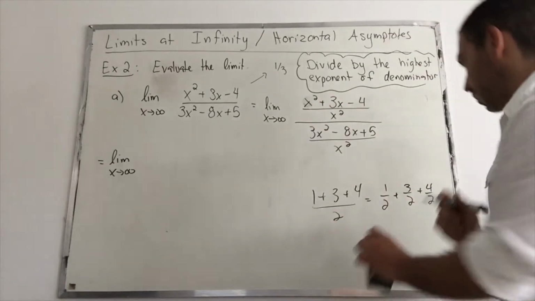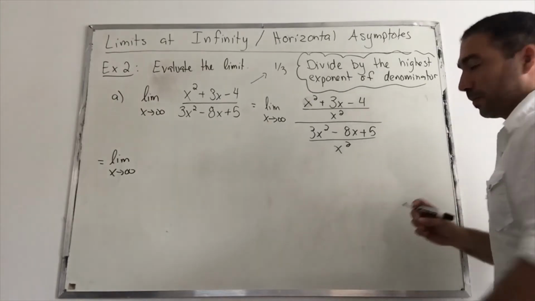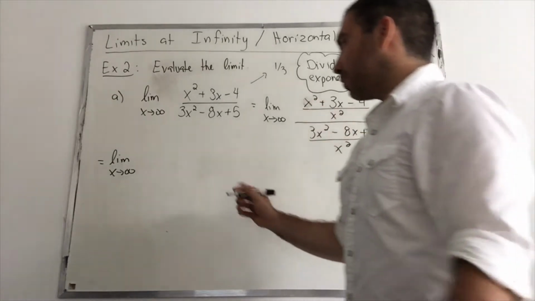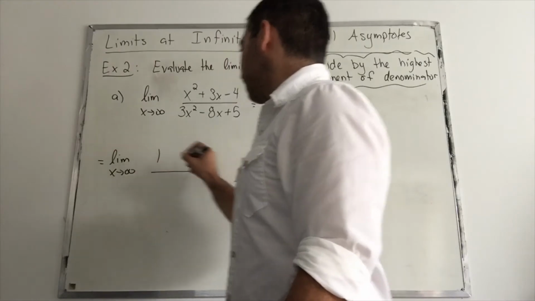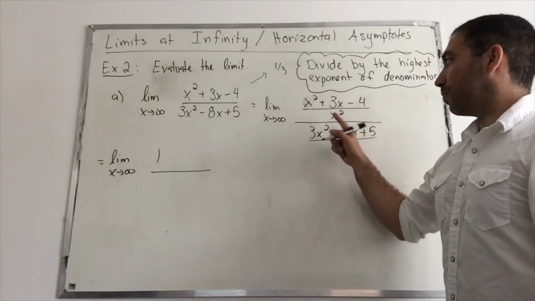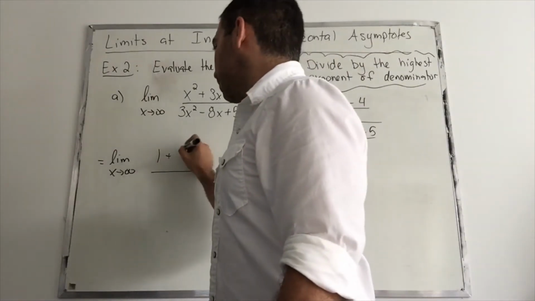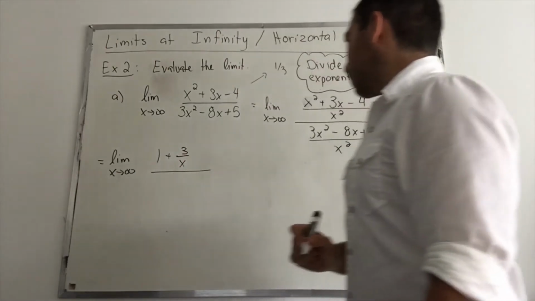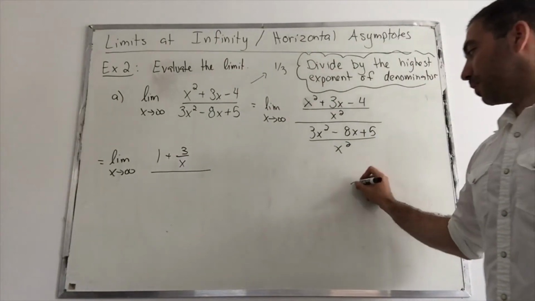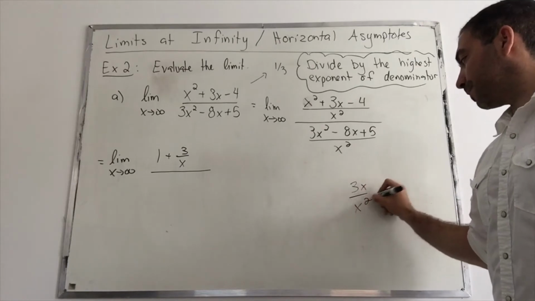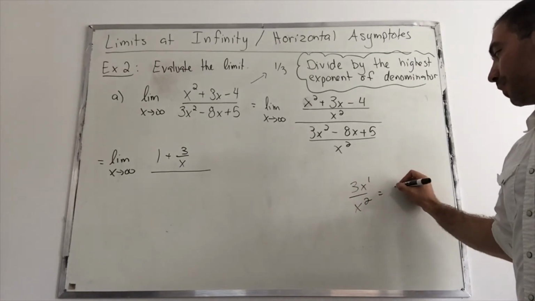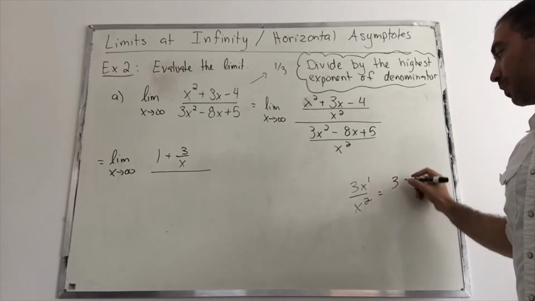Okay. So x squared over x squared, I'm just going to write it as 1. Here we have 3x over x squared, which simplifies to 3 over x. Okay. So you have to remember your laws of exponent, 3x over x squared. This is x to the 1, the coefficient is a 3. 1 minus 2 is x to the negative 1.